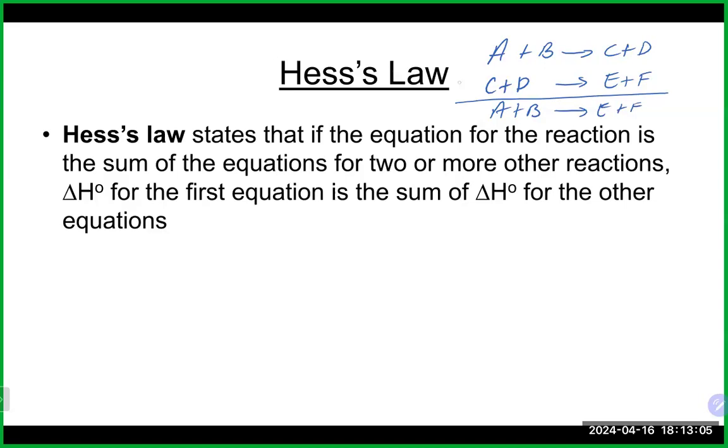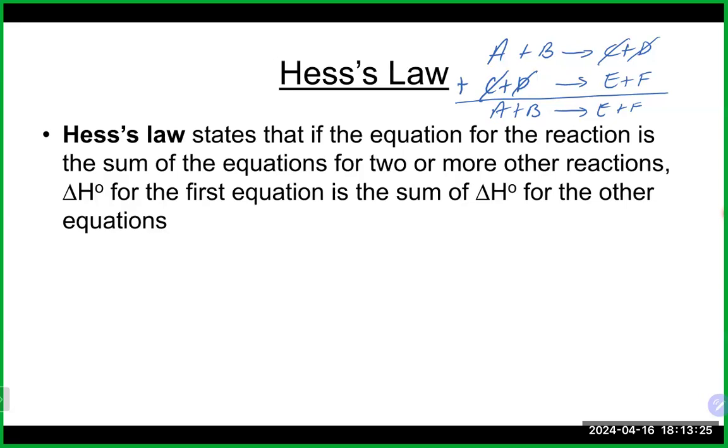Here, if we were to add these together, anything that's on opposite sides of the arrow that's the same would cancel out or reduce. So these guys would cancel, and everybody on the left-hand side of the arrow stays there. Everybody on the right-hand side of the arrow stays there. So the idea with Hess's law is sometimes reactions occur in multiple steps.